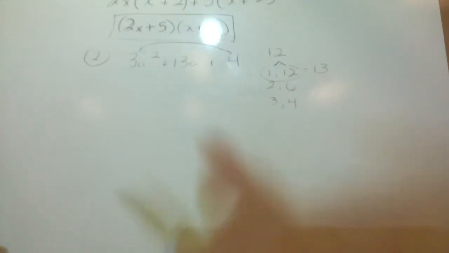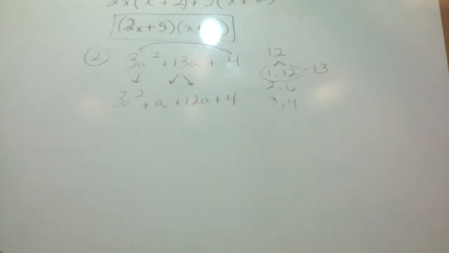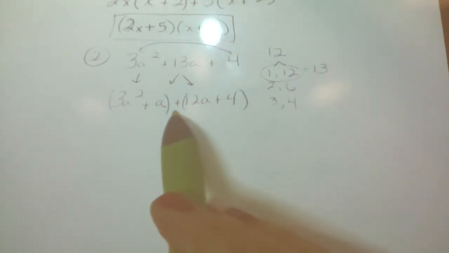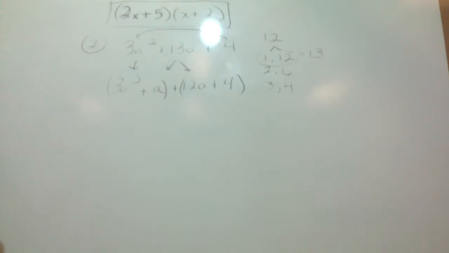So I'm going to bring down that 3a squared. Instead of writing 13a, I'm going to put plus 1a plus 12a plus 4. Let's put parentheses around the first 2 terms, the last 2 terms. I've got my plus there. My GCF of the first parentheses is a.